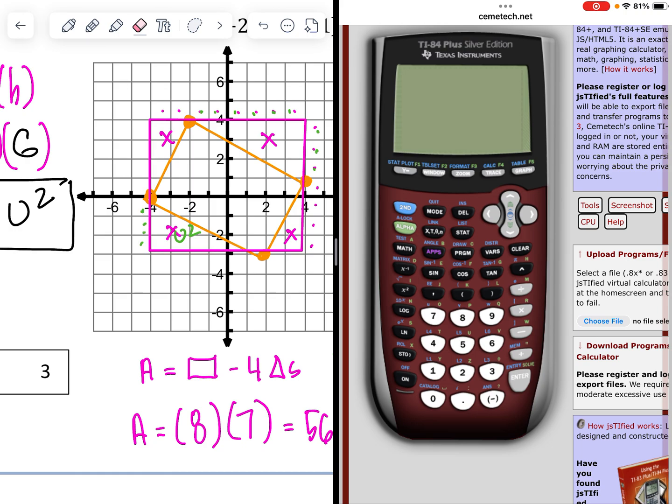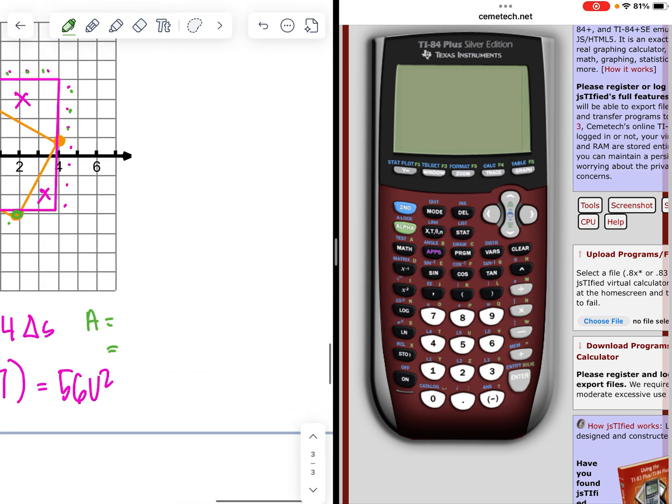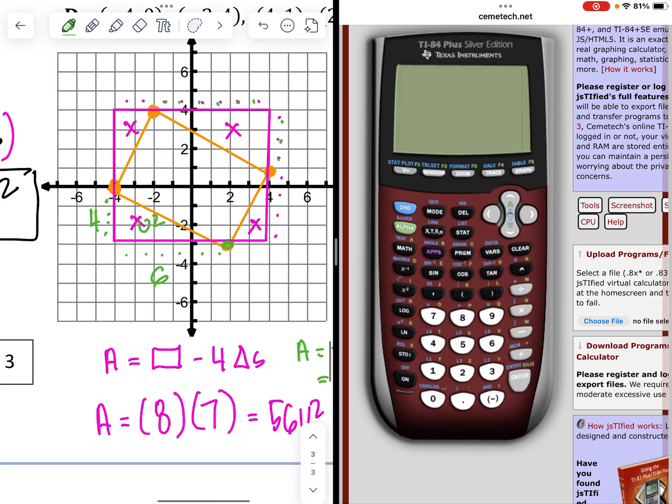Oh, no. Okay. All right, so this is 4, and then this is 1, 2, 3, 4. I stopped counting there, but I need to go to this vertex, 5, 6. So this is 6. So I have 1/2, 4 times 6. Half of 24 is 12 units squared.